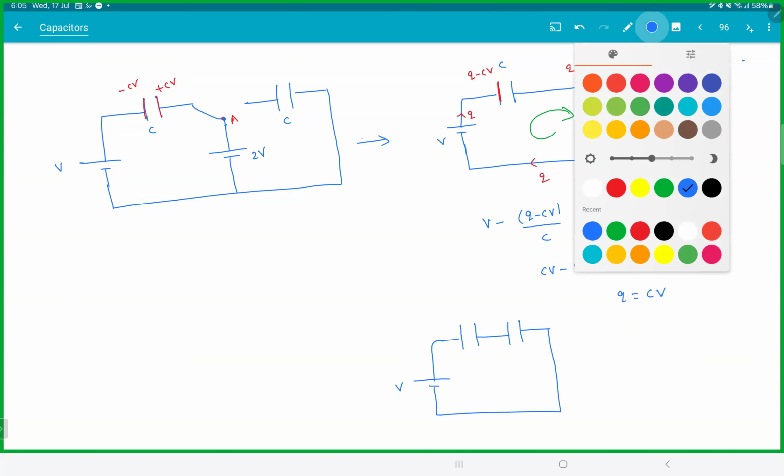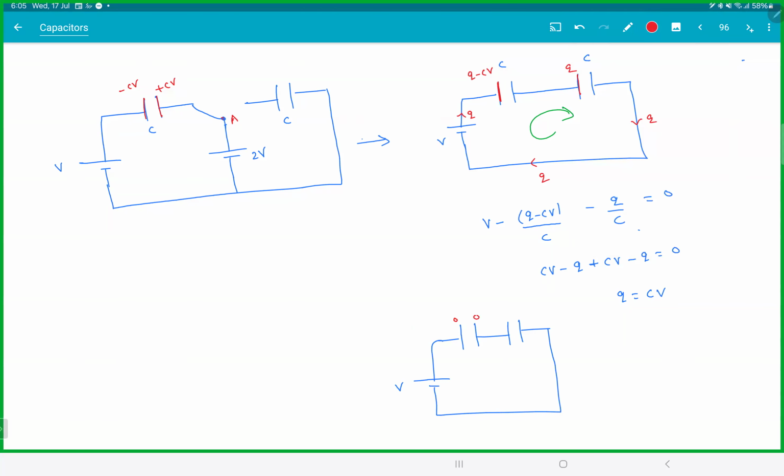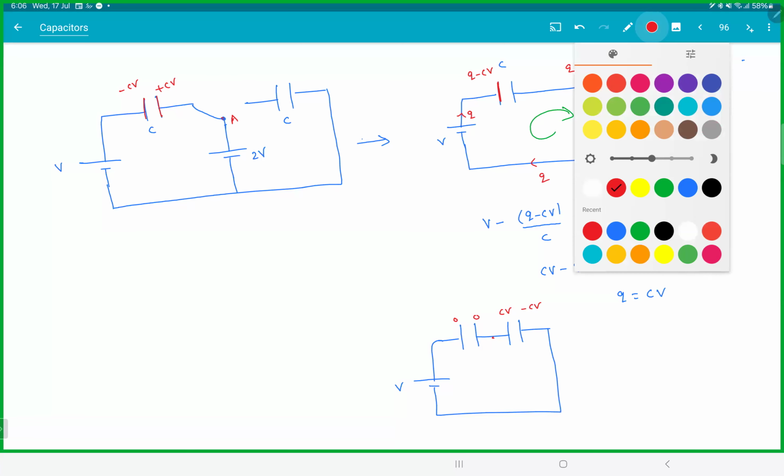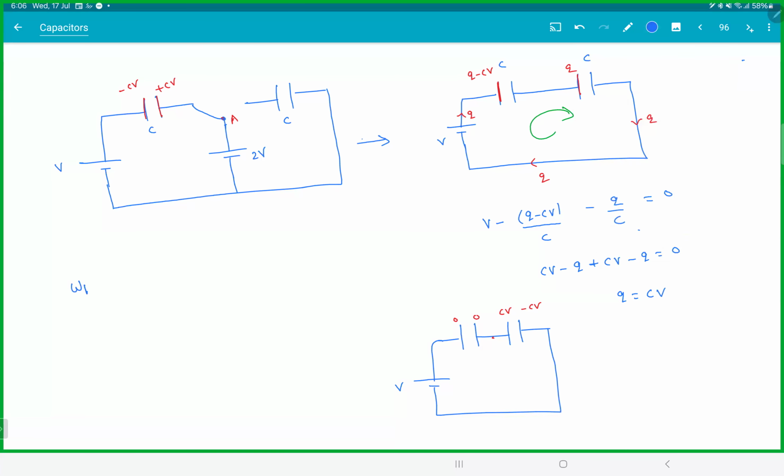So this guy became 0 and this guy became CV and minus CV. Interesting. And what is the work done by the battery? So you want heat produced. Work done by the battery is simply the charge that flows, that is Q into V, CV square.